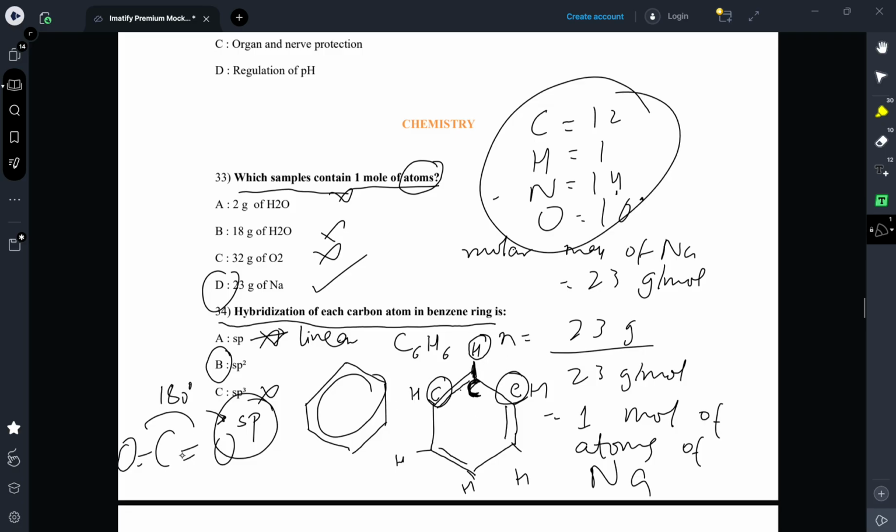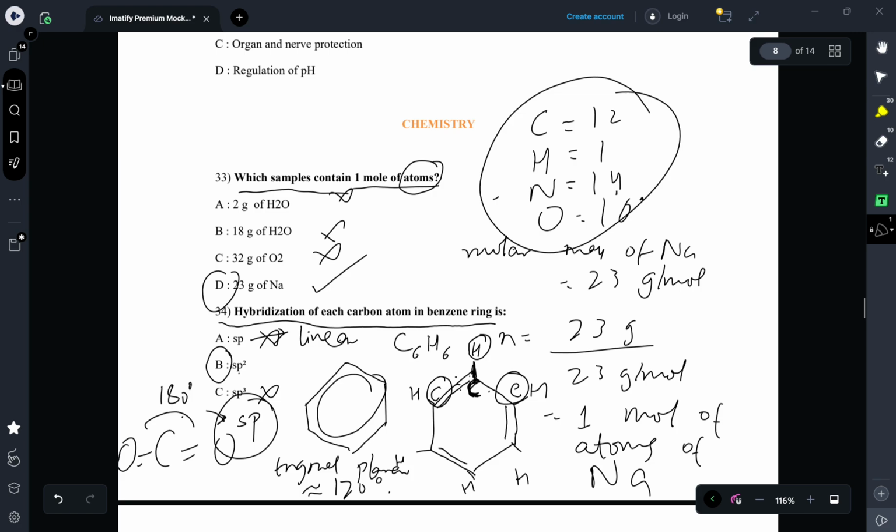Here only 2. So linear is sp, and this is a trigonal planar structure, and the angle is approximately 120-degree. These things you have to memorize. There's no other trick, you just have to memorize them. So this would be the answer.